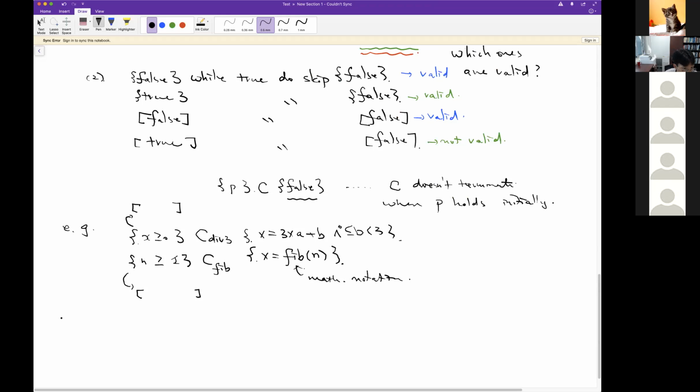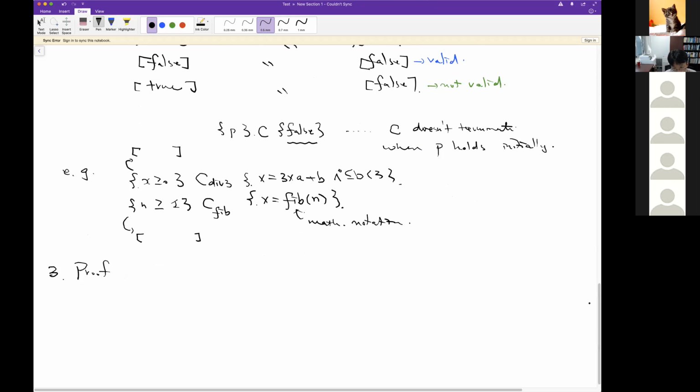Now that's the specification part, but the other big part of this whole Hoare logic is about proofs. I said there are two questions that we want to consider. One is how to formally specify the intended behavior of a program. The answer in Hoare logic is to use a partial correctness triple or a total correctness triple. The second part is that we are given such a specification.